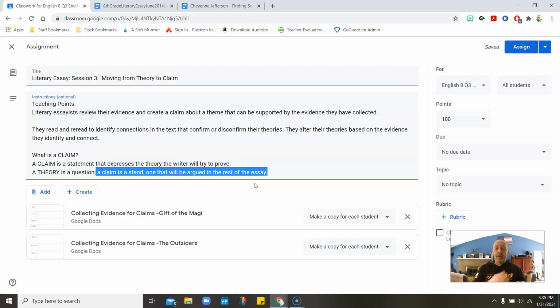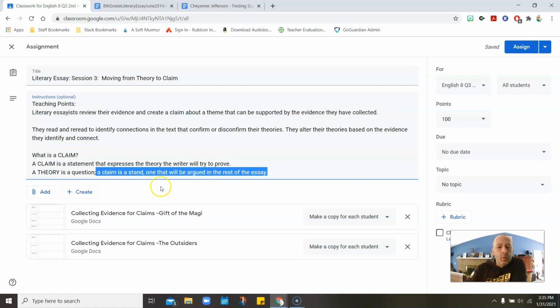Once we have everything, then we start building our essay. You think of your essay as something you're going to build, and everything that we're doing right now is just gathering all the materials that we're going to need. If I were to just say, okay, write me an essay about The Outsiders, some of you guys would just stare at a blank screen for days, not knowing what to do. So what we're doing is we're gathering all of our materials so that we can build this essay.